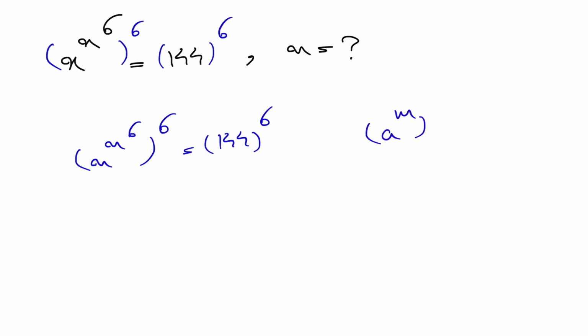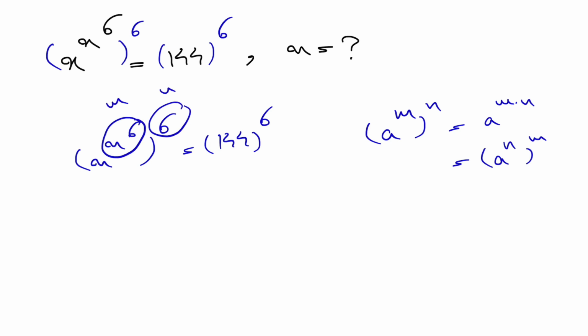If we have a to the m to the n, this will be equal to a to the mn, and it will also be equal to a to the n to the power of m. We're going to use that law here, and let's call this one m and this one n. If we do that, we can write x to the 6 to the power of x to the 6.